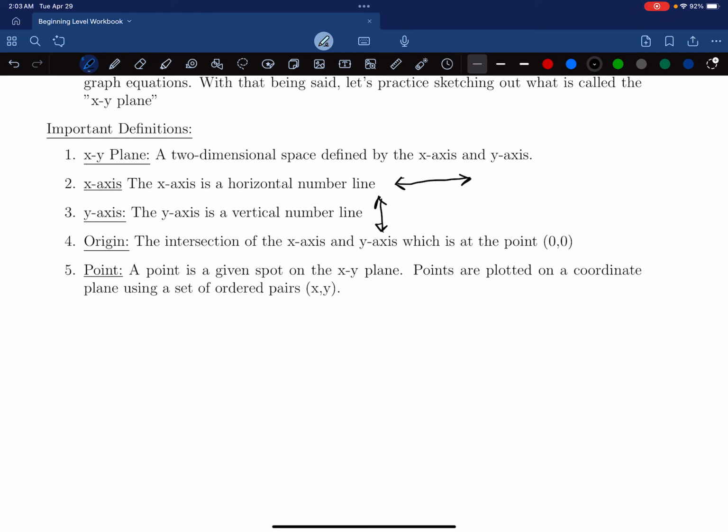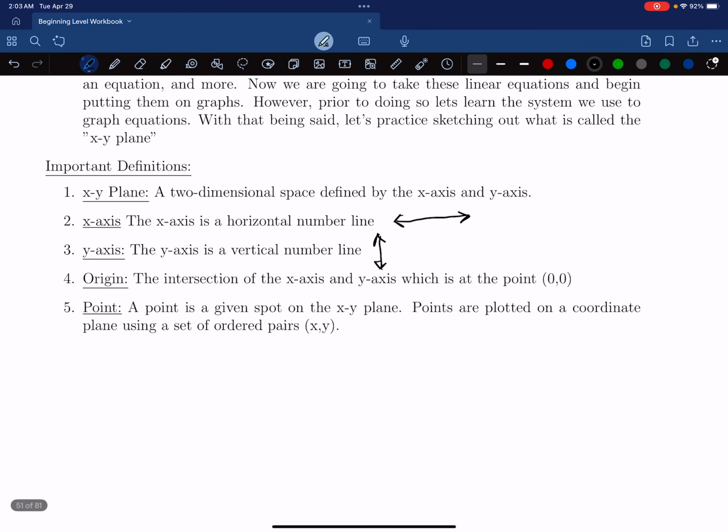And these two lines, when you create this XY plane, they actually intersect. This intersection of the x-axis and the y-axis is at the point 0, 0, which is known as the origin. So this is going to be our y-axis because that is our vertical number line.